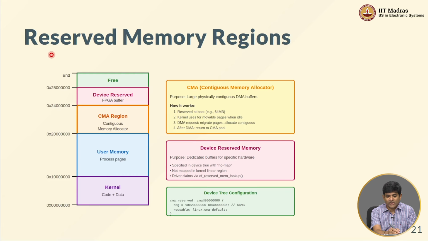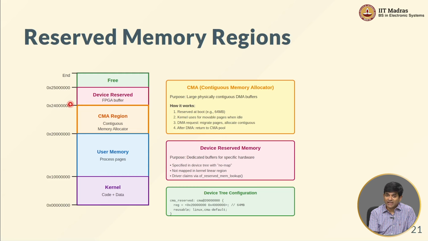So this is one of the reserved memory regions that is usually found in embedded applications. Especially in the context of FPGA systems, there is typically also some kind of device reserved memory, which we specify in the device tree with the no-map option. We take a chunk of memory and tell the kernel not to map anything into it, in other words, not to use it for allocating data.